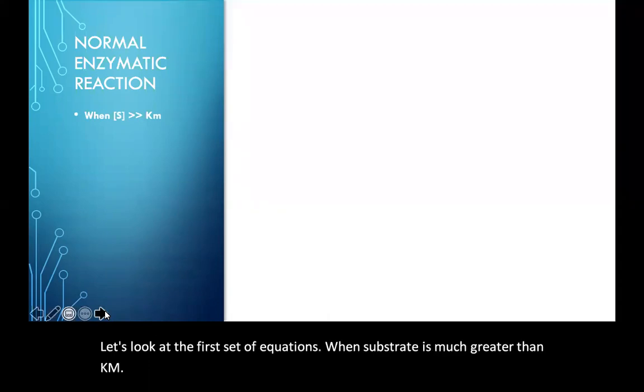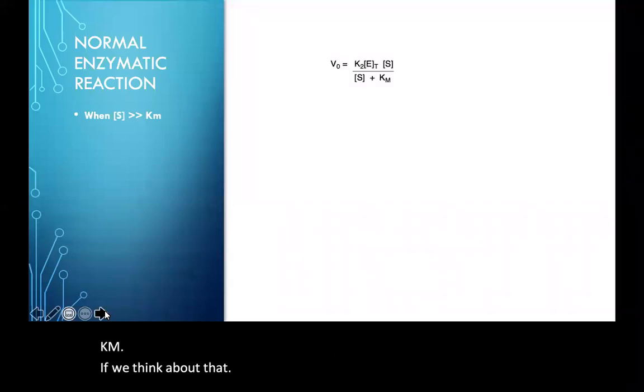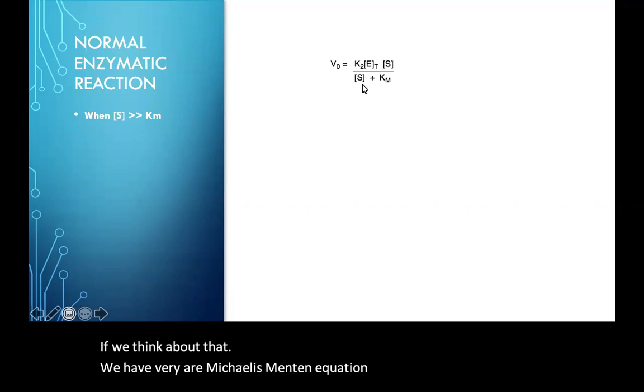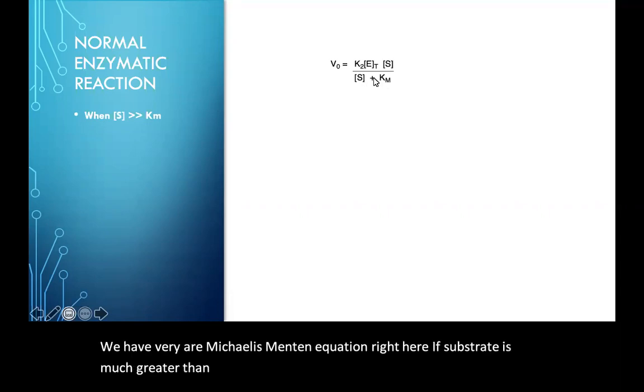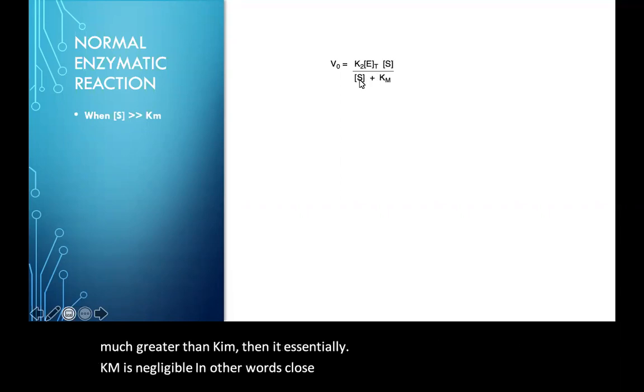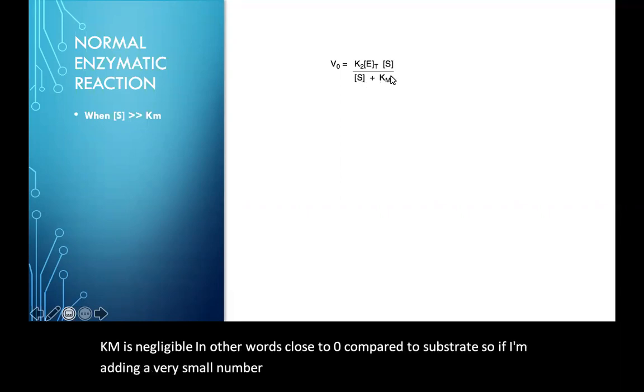If we think about that, we have our Michaelis-Menten equation right here. If substrate is much greater than Km, then essentially Km is negligible, in other words, close to 0 compared to substrate. So if I'm adding a very small number next to a very large number, this one, Km, can be thought of as 0.